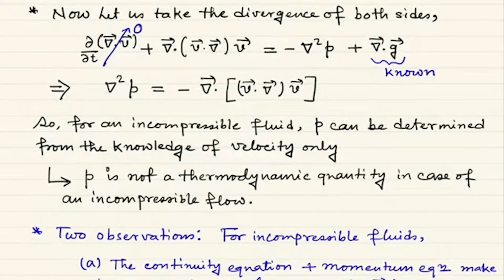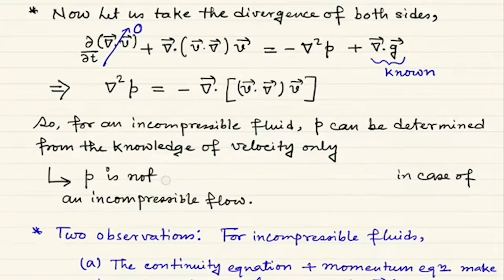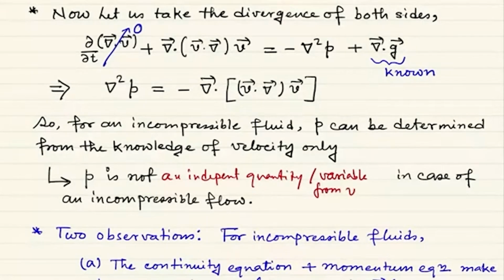It is still a thermodynamic quantity, but that is not a very good way to say it. I have to say it like this: P is not an independent quantity or variable from V in case of an incompressible flow.